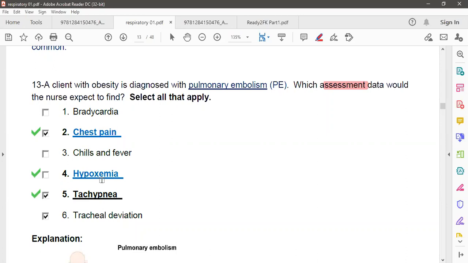Pulmonary embolism is a blocking of the circulation, so definitely the oxygen supply will be reduced. It's called hypoxemia, so oxygen in the blood will be reduced. Tachycardia and tracheal deviation: tracheal deviation is a common sign in pneumothorax, because in pneumothorax the lung collapses due to air in the pleural space.